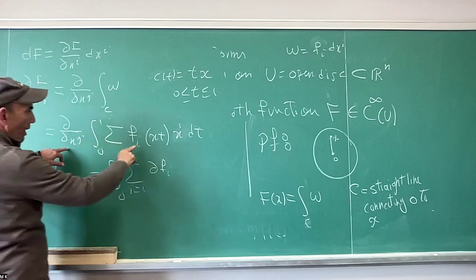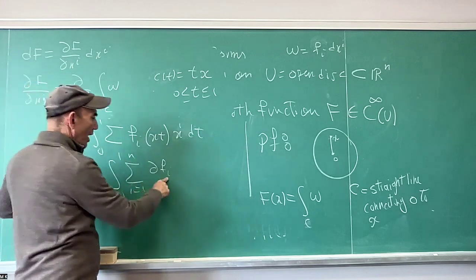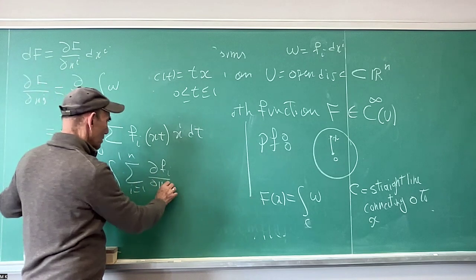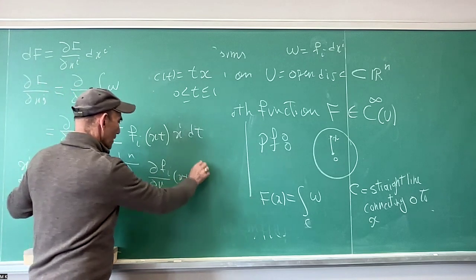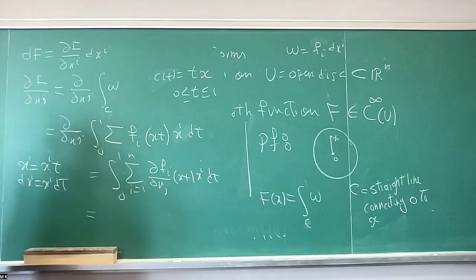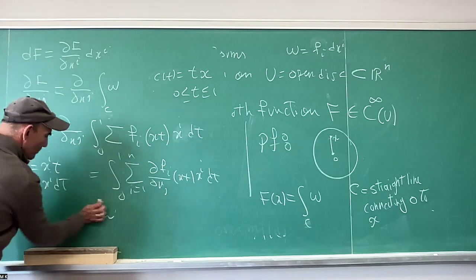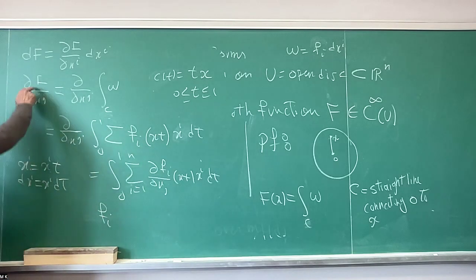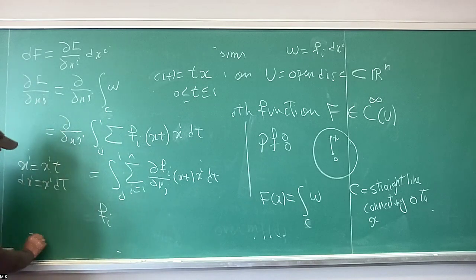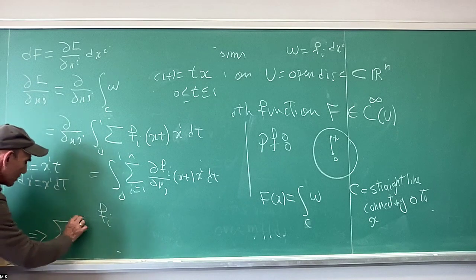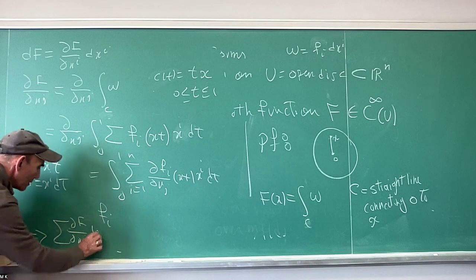Okay, so I've got d fi dxj of xt, xi dt, and this turns out to be equal to exactly omega. From here, then we get df, the sum of df dxi dxi.